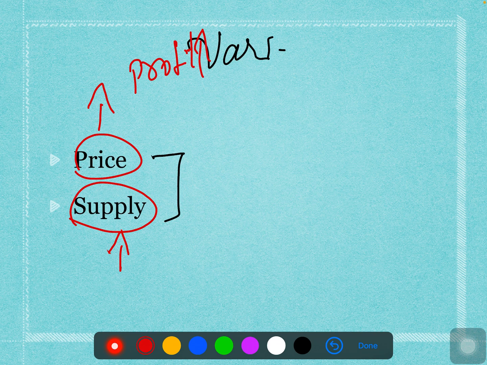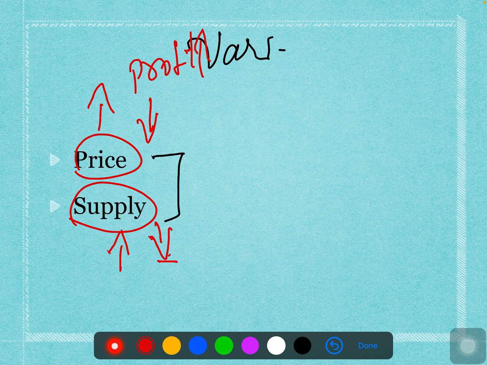When he sees that his profit margin is going to increase, he'll supply more. That's the reason whenever price increases, supply also increases. In the other case, if price decreases, supply also decreases, because whenever price decreases, his profit margin is also going to decrease. Because of that, supply of that good is also going to decrease.